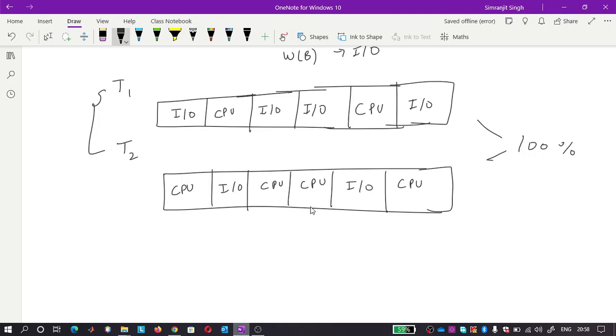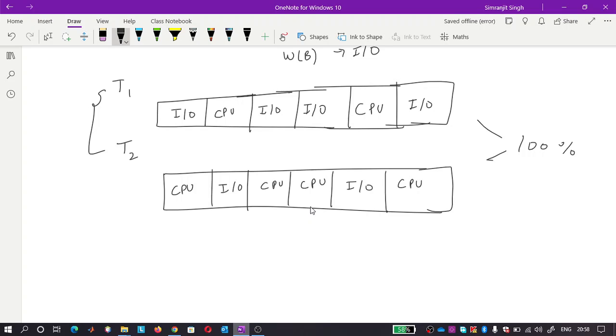Okay, so it may be possible that transaction T2 tries to access the same variable that transaction T1 is working on. If this happens, a lot more chaos can be unleashed. Similarly, if you have studied operating systems, you may have seen something called a critical section, when two processes try to access a shared resource.